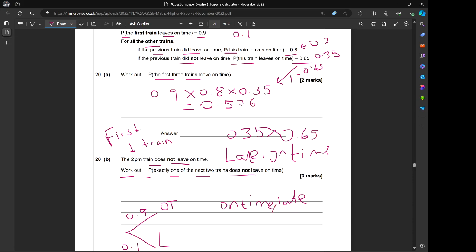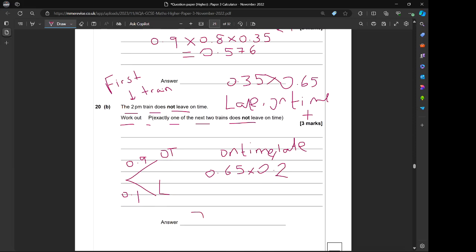And then on time and late, that'll be 0.65 times 0.2, and then I'm going to add these probabilities here together. When I do that, my final answer becomes 0.3575.